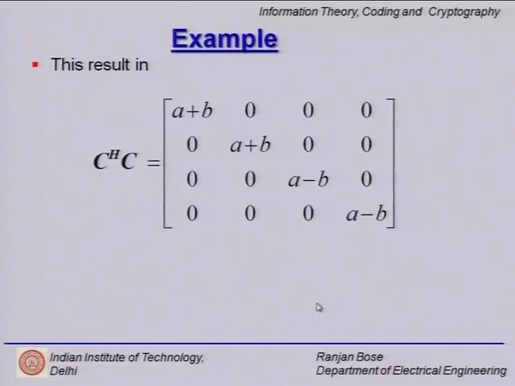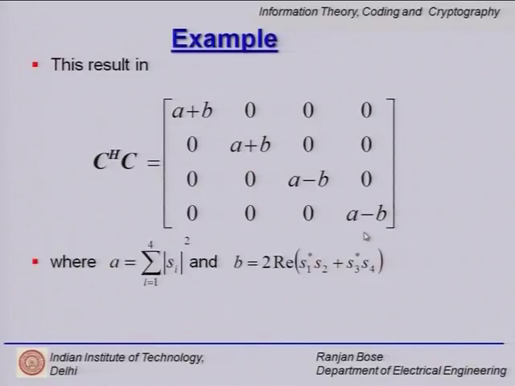So what does it lead us to? Now if you look at this C Hermitian C, you will get this kind of a solution, right? And what is A? A is given by this. So you again immediately get back all the 4 terms in summation. Immediately your diversity jumps to 4, because we assume all the signals are fading independently.